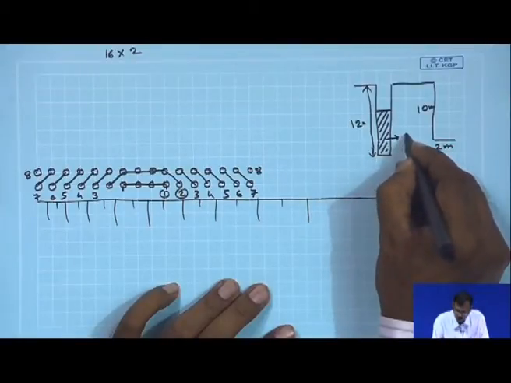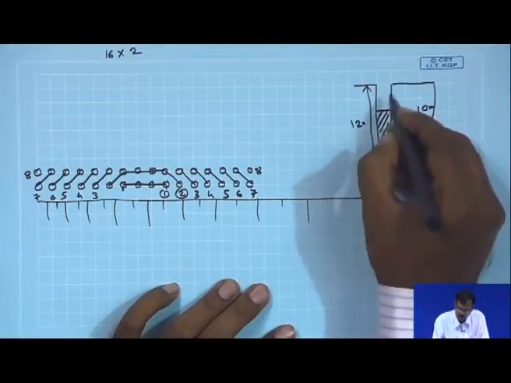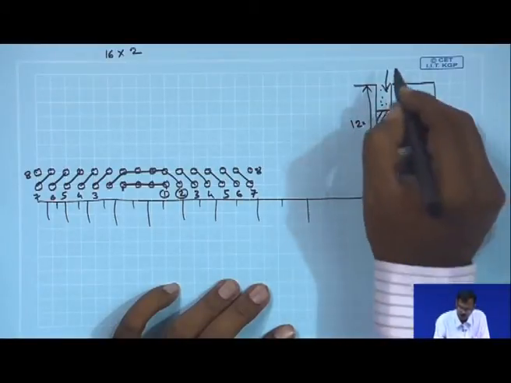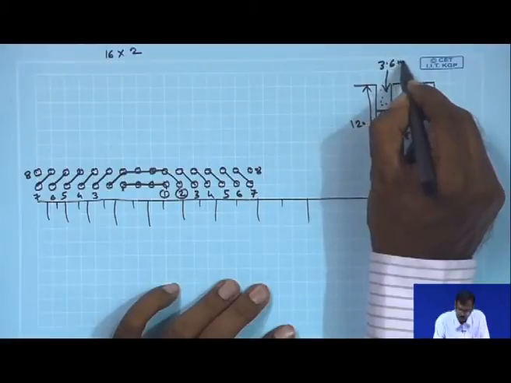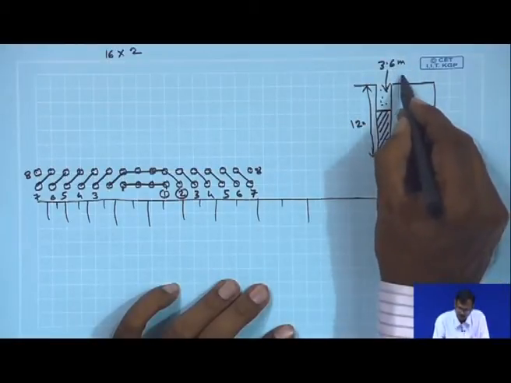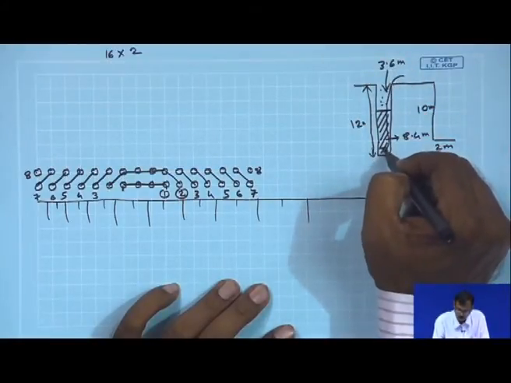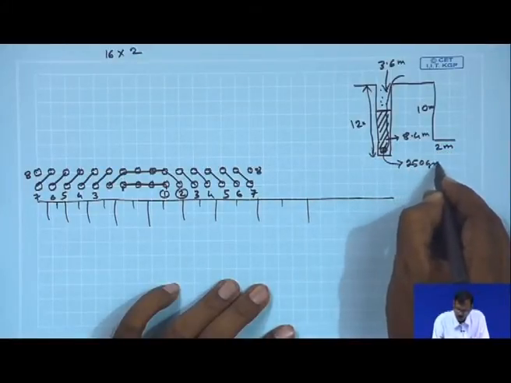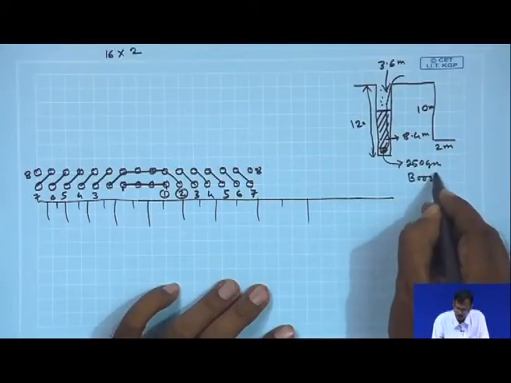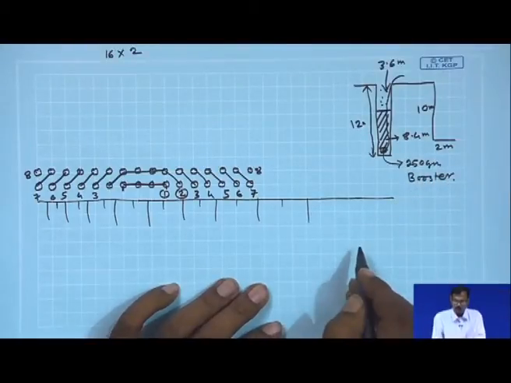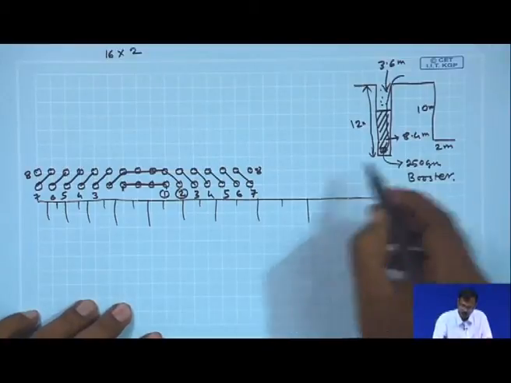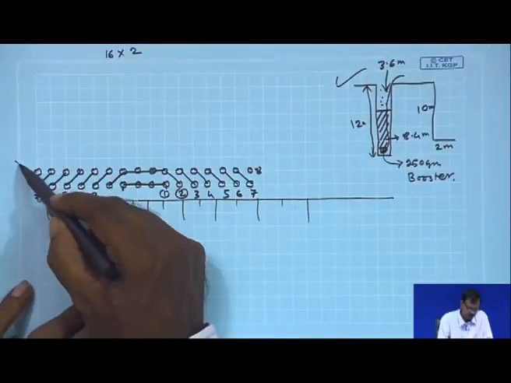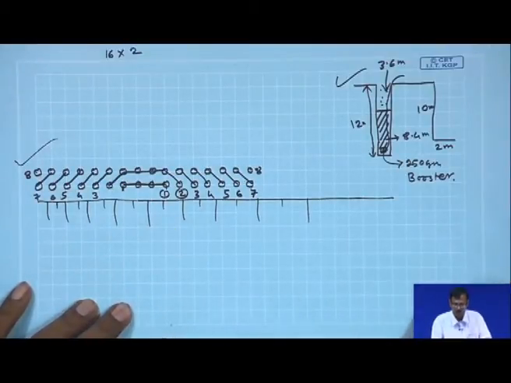So, this is the ANFO column of 8.4 meter, this will be the stemming, we will carry out the stemming of remaining portion, that means 3.6 meter stemming, and this will be charged with 250 gram of booster. So, our requirement is, this is the blast design, this is the section of the hole and this is the surface connection of the blast.